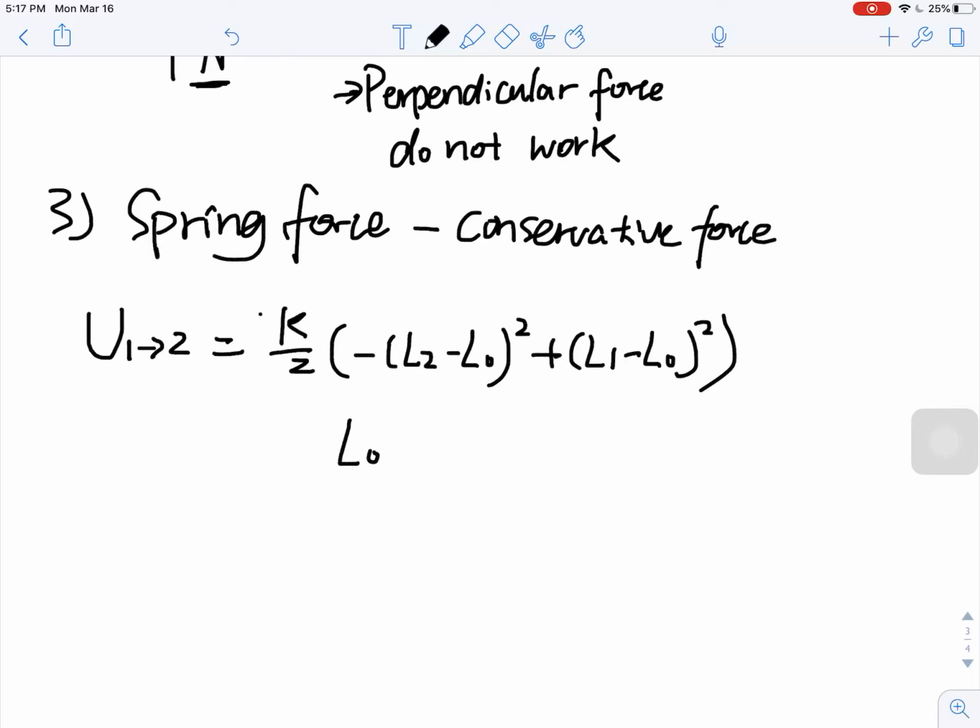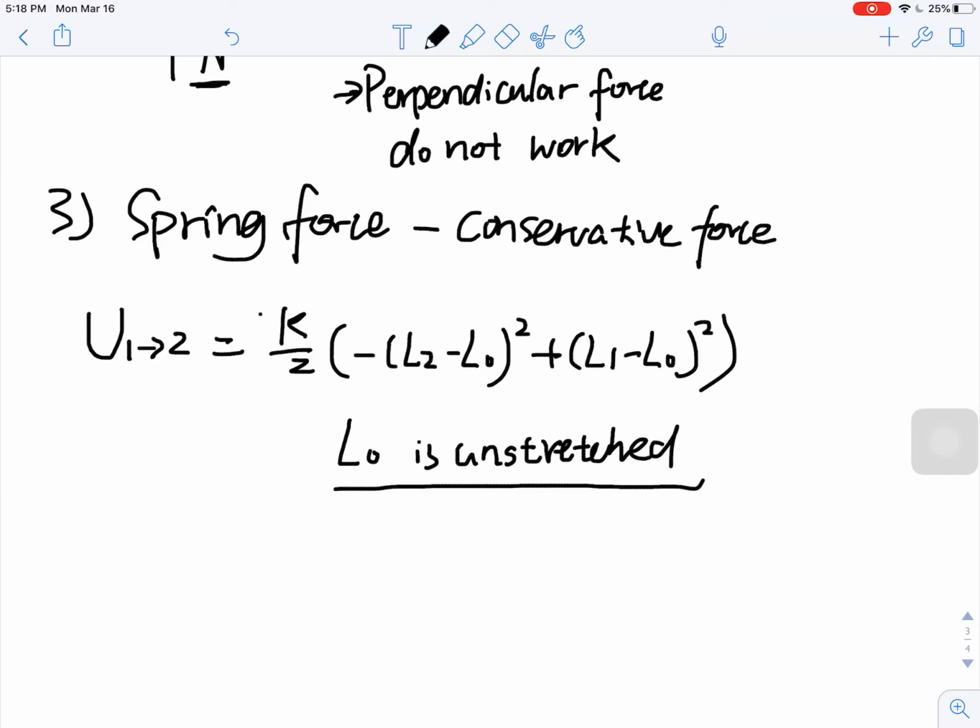Here k is the spring constant. L0 is the length when unstretched, L1 is the length when stretched at position 1, and L2 is the length when stretched at position 2.